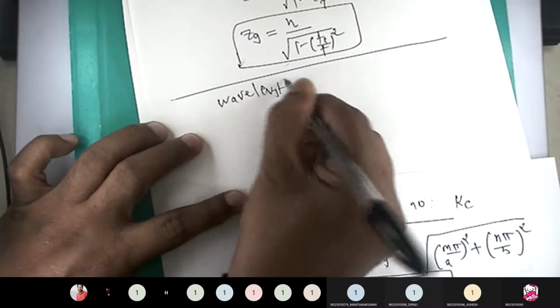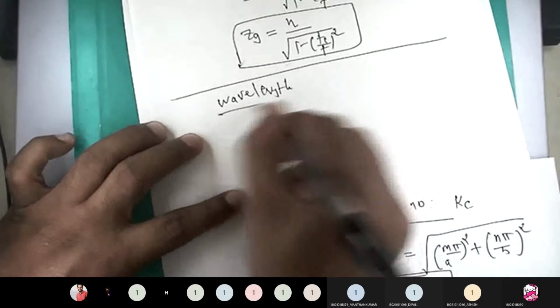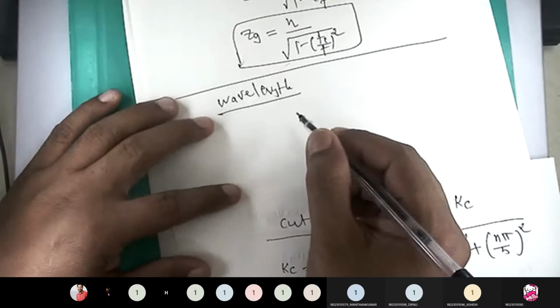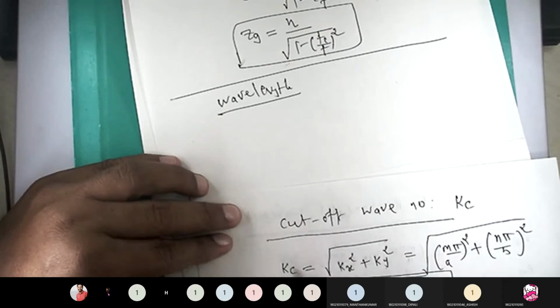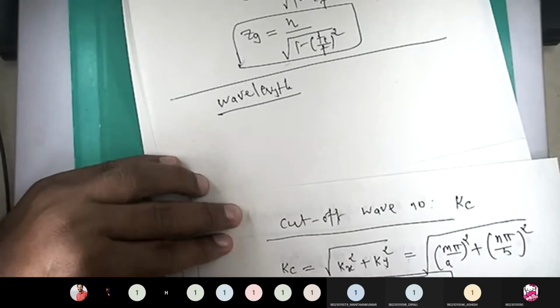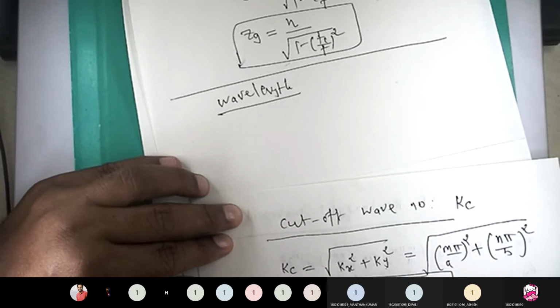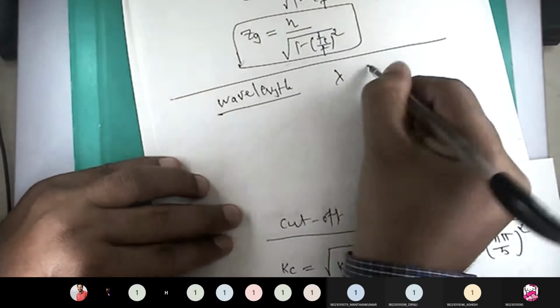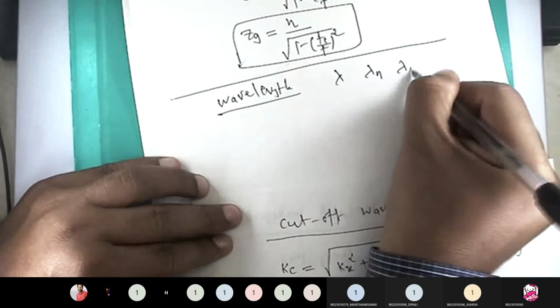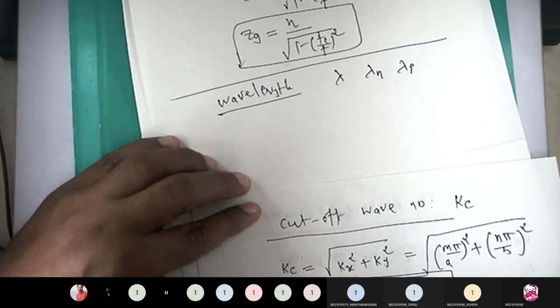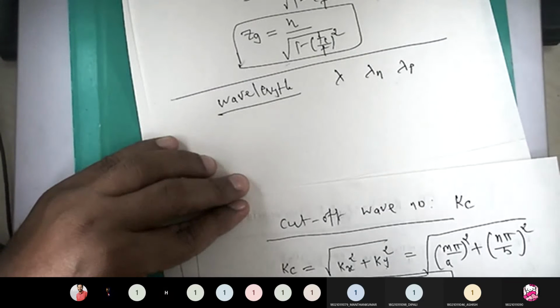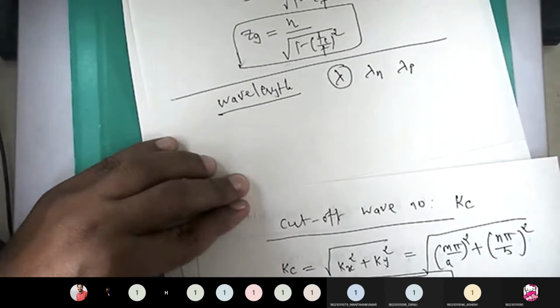So I think in our first class, we discussed that whenever any uniform plane wave enters the rectangular waveguide, the operating wavelength, for example lambda, resolves into two parts: the normal wavelength, normal to the plane, lambda n, and lambda p. So it means that now our wavelength is different from the uniform plane wave wavelength.